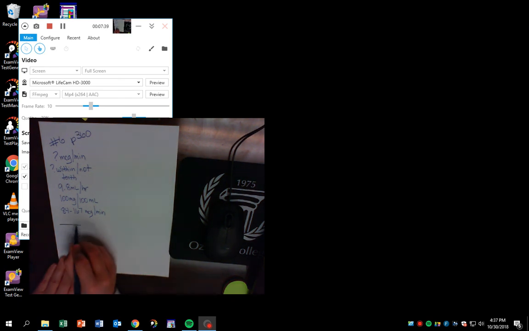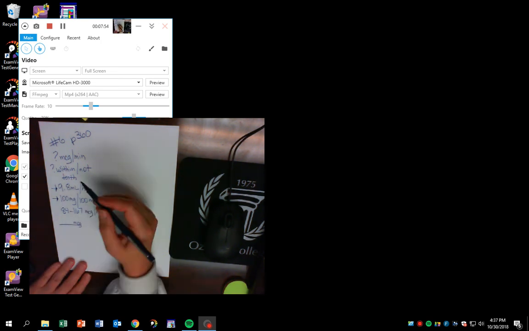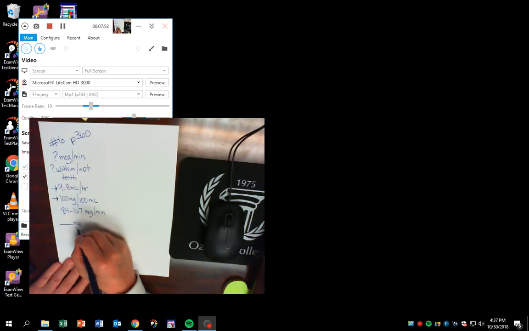So I'm going to be solving for micrograms per minute, so I need to start with micrograms on top. And this is what we're going to compare that to figure out if we're within range or not. So do we have micrograms available in our sentences? We have milligrams. So we need to do a conversion from micrograms to milligrams.